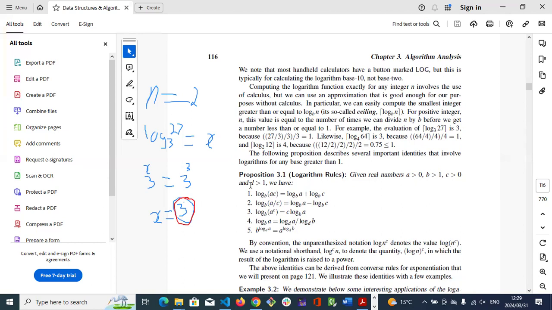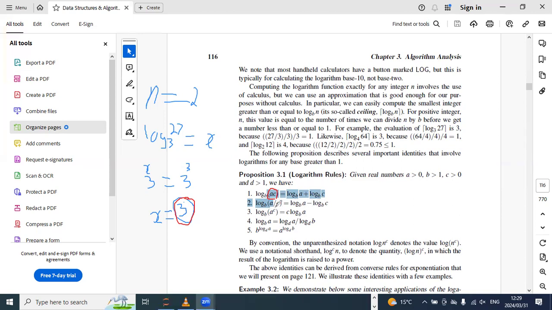The logarithm rules: log of A times C base B can also be written as log of A base B plus log of C base B. If there's a times, it means you separate it, log base B of A plus log base B of C. If there's a division, you separate with a minus.